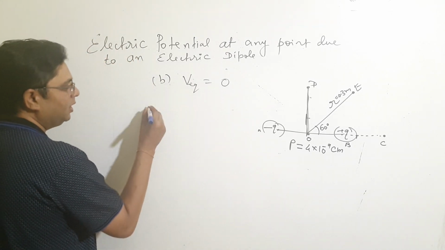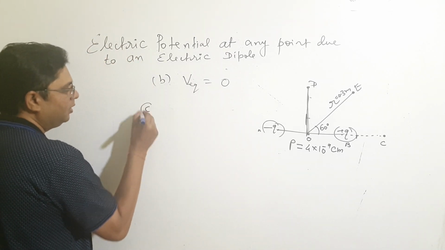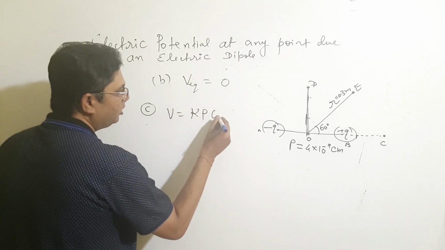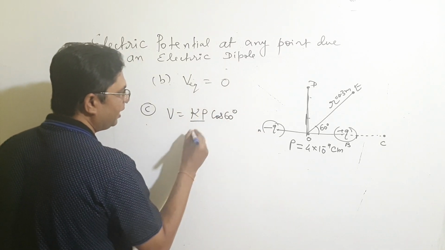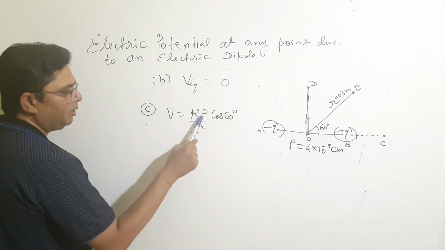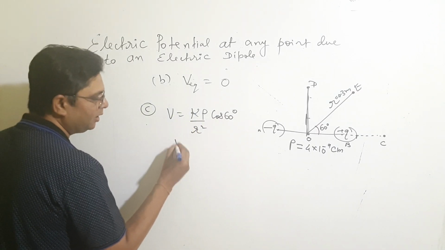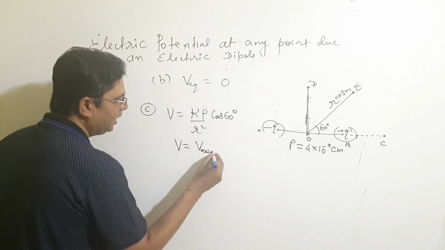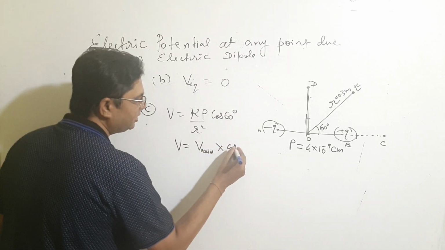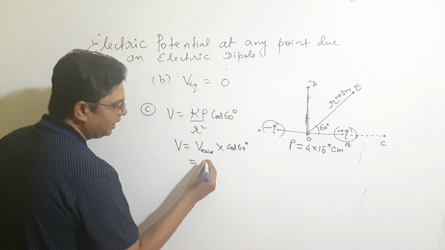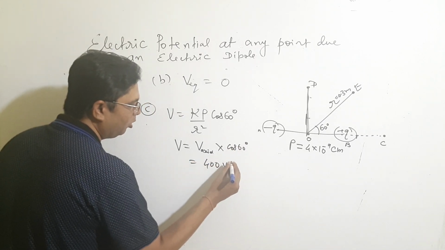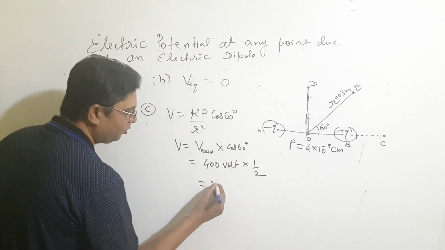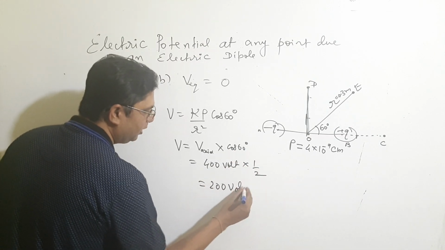In this situation, part C, V is equal to Kp cos 60 degree divided by R square. You know that Kp by R square is V axial. So this is equal to V axial into cos 60 degree. V axial is 400 volt, we know that, and cos 60 degree is half. So we have 200 volt.